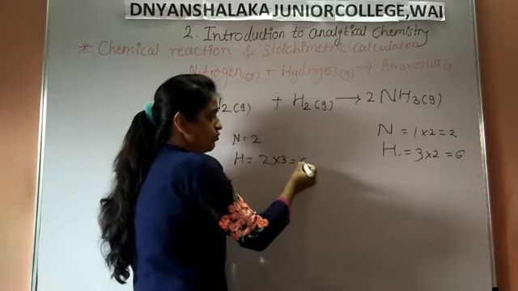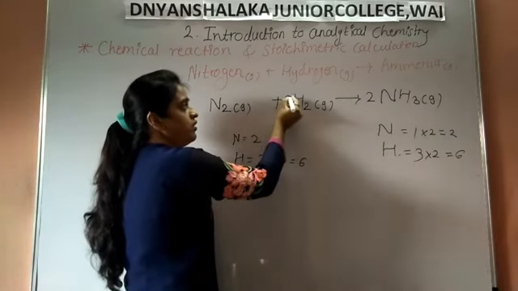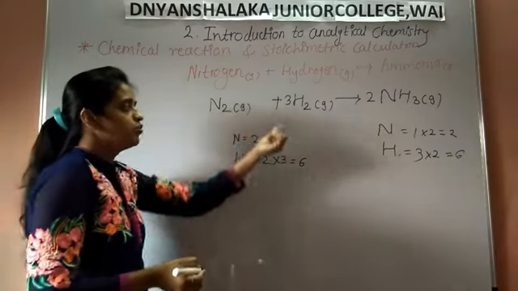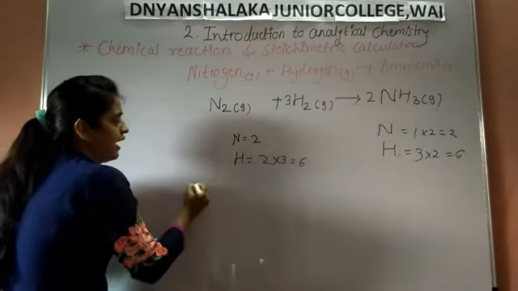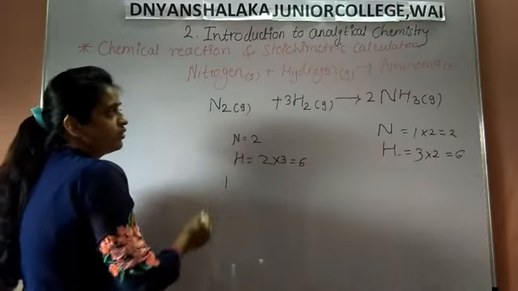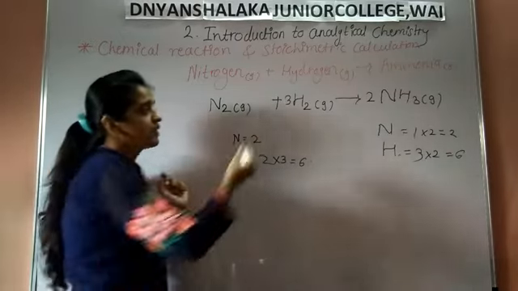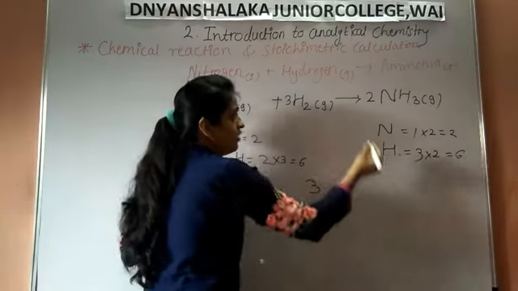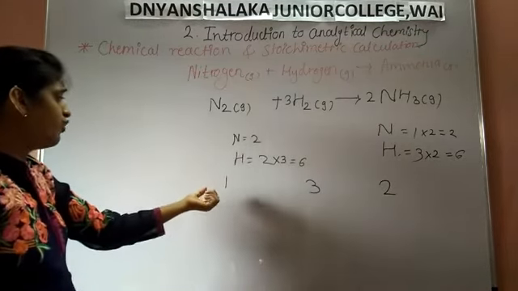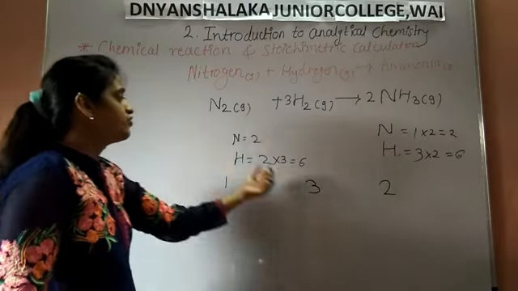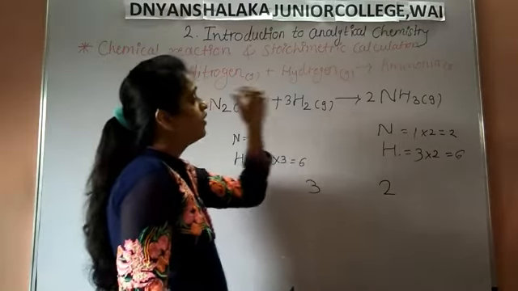So we get equal moles of hydrogen. So we put a 3. So 3 times hydrogen becomes 6 and nitrogen is 2. So nitrogen is only one mole, hydrogen 3, and ammonia 2. So the numbers of moles are 1 for nitrogen, 3 for hydrogen and 2 for ammonia.